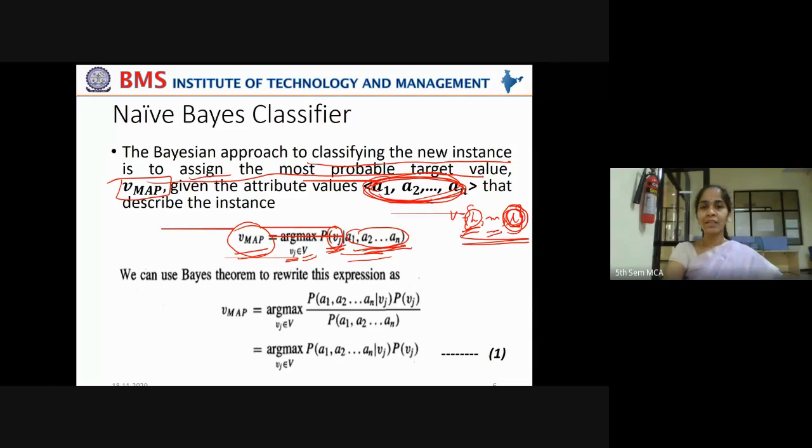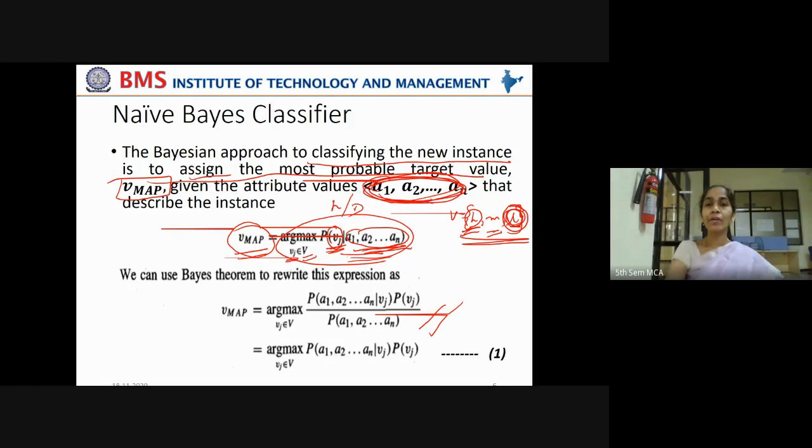Now that Bayes' theorem you are using here in order to expand this. So how are you substituting Bayes' theorem here? Here Vj you are using for H, and all this set of attributes you are using for D, for simplicity's sake, in order to understand how to substitute Bayes' theorem.